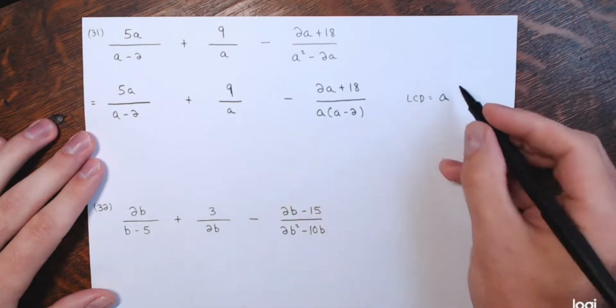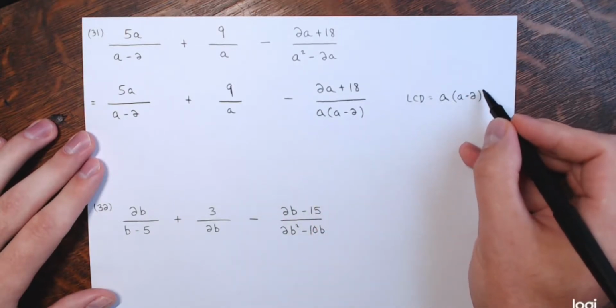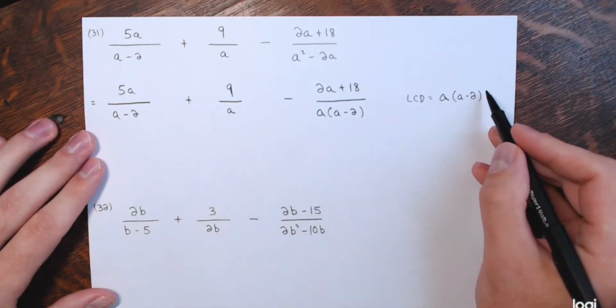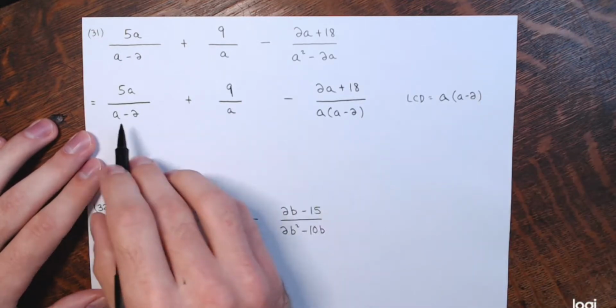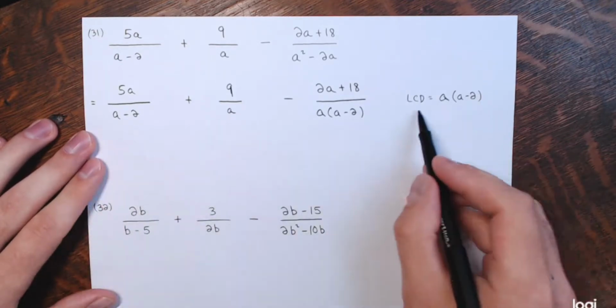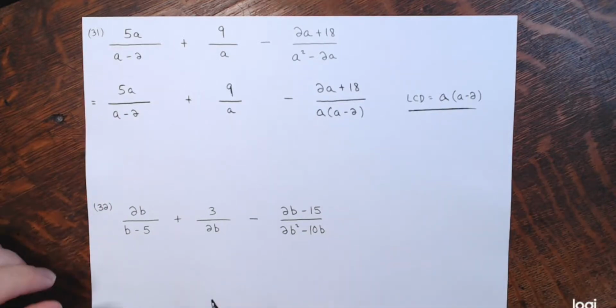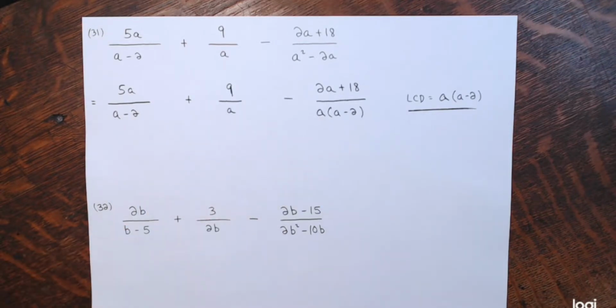Then I'm seeing a minus 2 show up. A minus 2 will be a factor, and then the highest power on a minus 2 in any of these is a minus 2 to the first. So a minus 2 to the first will be in the LCD. And those are the only factors that show up, a and a minus 2. So there's your LCD, a times a minus 2. And then I'm going to rewrite all three fractions with the LCD as a denominator.